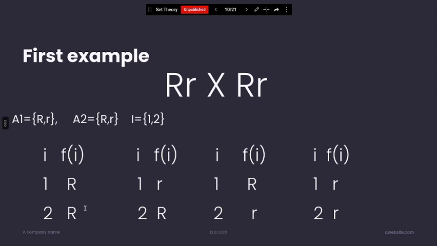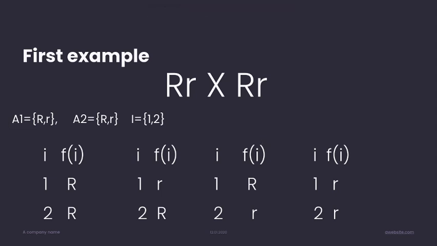Now we are going to assume that f of 2 is constant and equivalent to R capital, and see what possible values f of 1 could have. In our case, f of 1 could have either R capital or R small. Next we assume that f of 2 equals R small and see what possible values f of 1 could have, and we find that it's also R capital or R small.